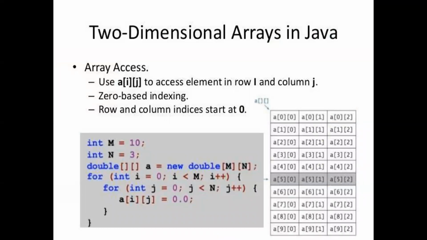Two-dimensional arrays in Java. Array access. Please look at this array on the right. Use the element to access the element in row Y and column G. Zero-based indexes, row and column. Indices start at 0.